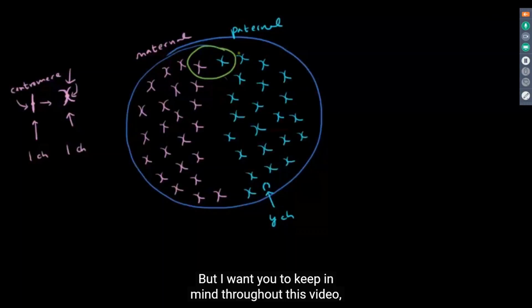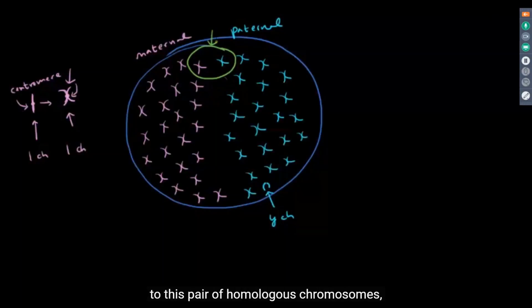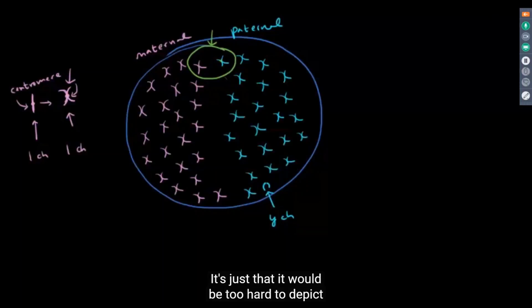But I want you to keep in mind throughout this video that whatever we're describing that's happening to this pair of homologous chromosomes is also happening to the other 22 pairs of homologous chromosomes. It would be too hard to depict in a video how that's happening, but keep in mind it's happening to all of the pairs of chromosomes in the nucleus.